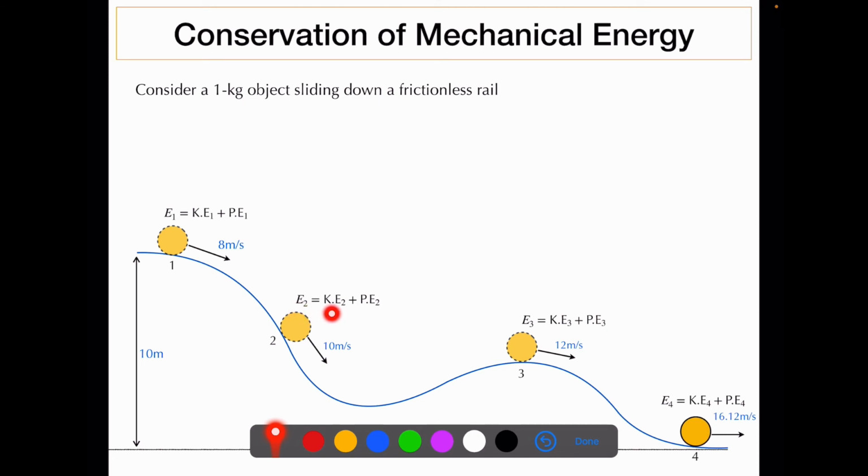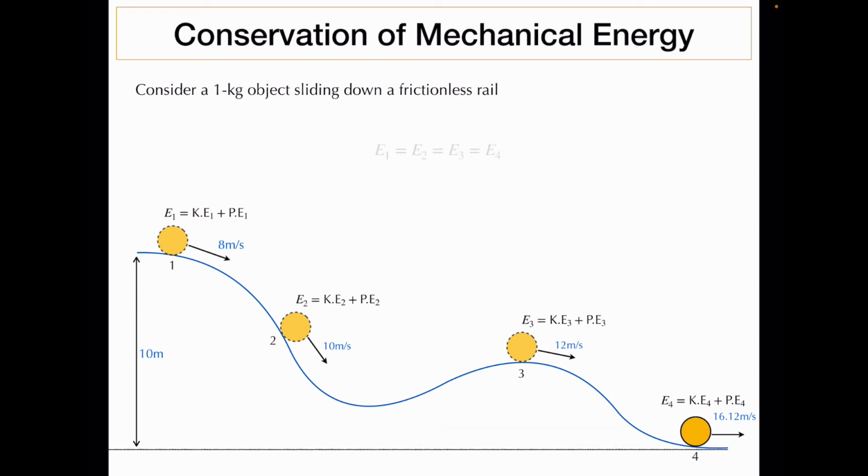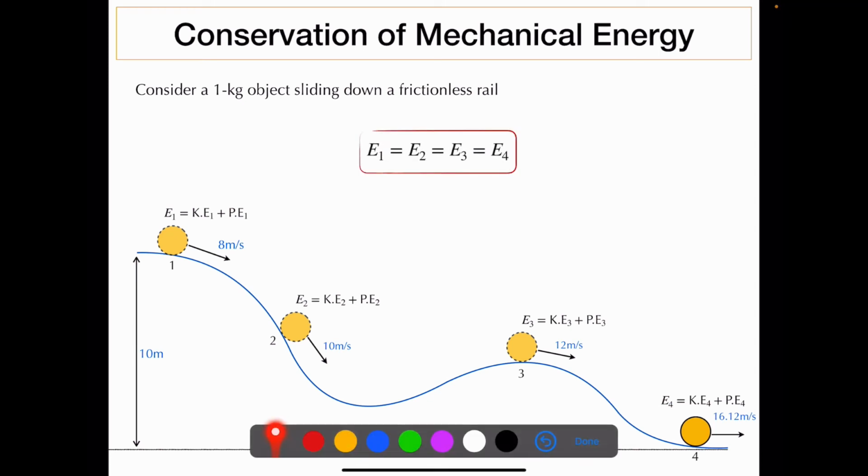E2 is equal to kinetic energy plus potential energy at point 2, and E3 is equal to kinetic energy plus potential energy at point 3, and similar at point 4. And all of these potential energies and kinetic energies will have different values at different stages, but their sum will remain equal.